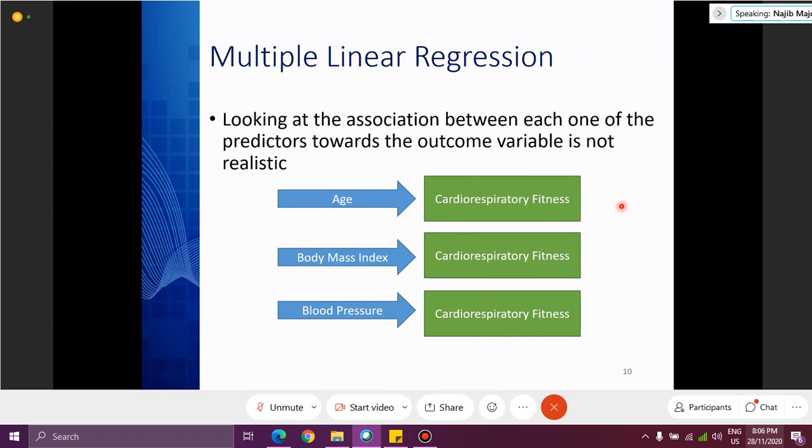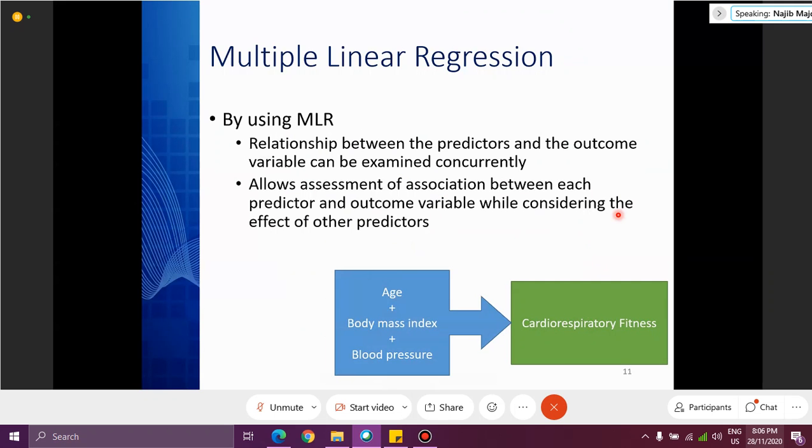When you perform three simple linear regression analyses separately, you are looking at the associations separately. In real life, we cannot look at the associations separately. We need to look at the influence of all independent variables simultaneously towards the outcome variable.